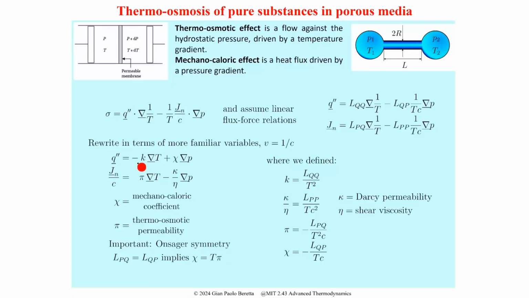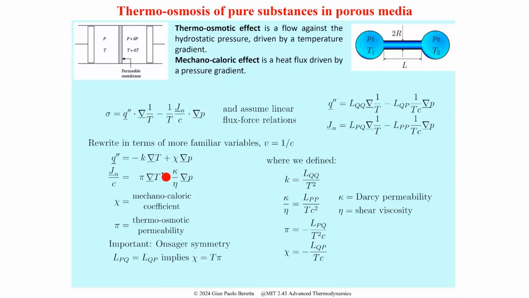So we introduce parameters like the thermal conductivity, or the other diagonal element is usually written as K over nu, where nu is the shear viscosity of your fluid, and K is the Darcy permeability.